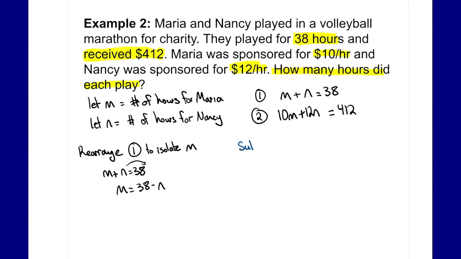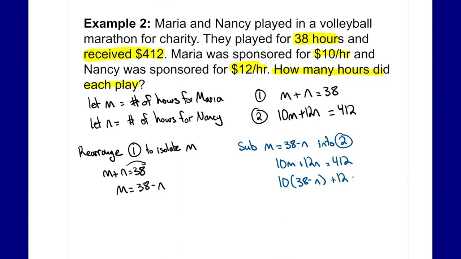So now we're going to substitute what we just rearranged, m equals 38 minus n, into the other equation, equation 2. So we have 10m plus 12n equals 412, but instead of m, we can replace that with 38 minus n, plus 12n, n is going to stay the same, equals 412.